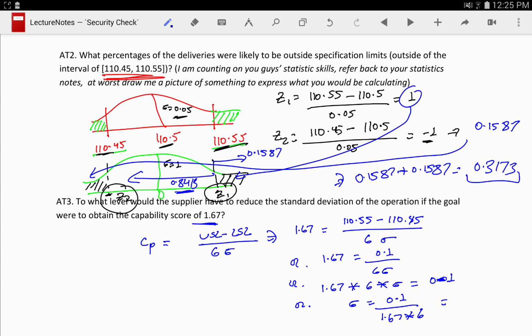Solve this, it comes out to be 0.01. So I need the standard deviation to be 0.01 so that my CP equals 1.67.